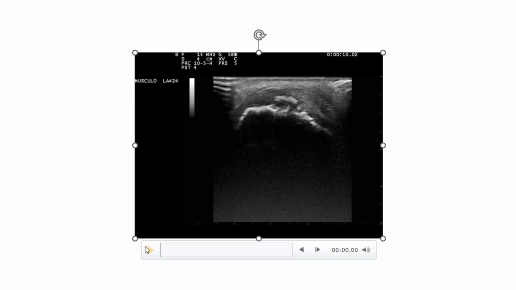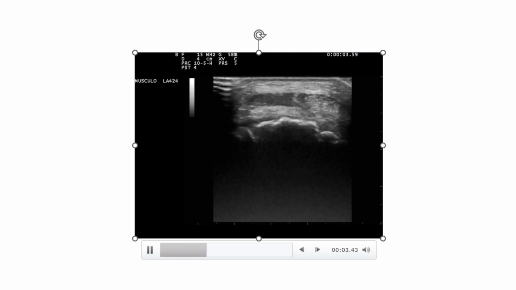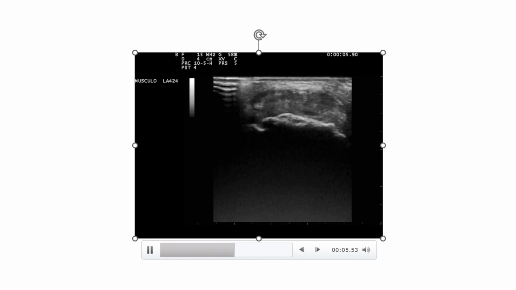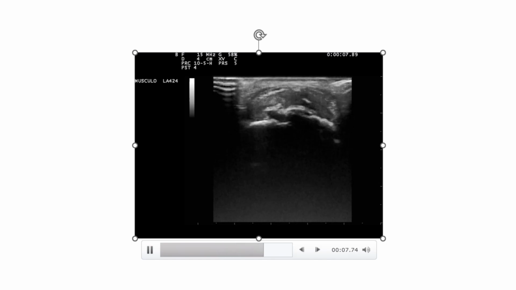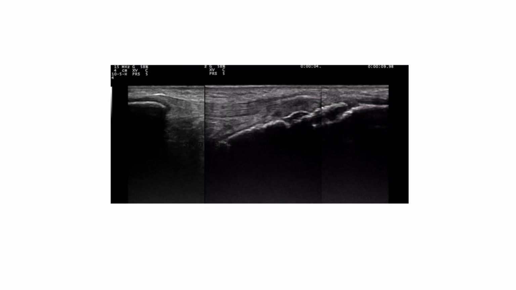The irregular image of the tibial tuberosity can also be observed here. It is a combination of 3 long axis images.